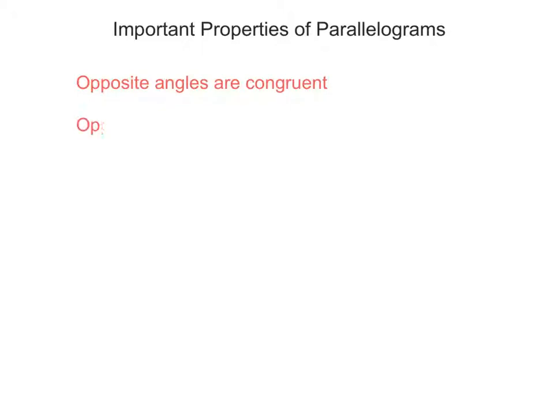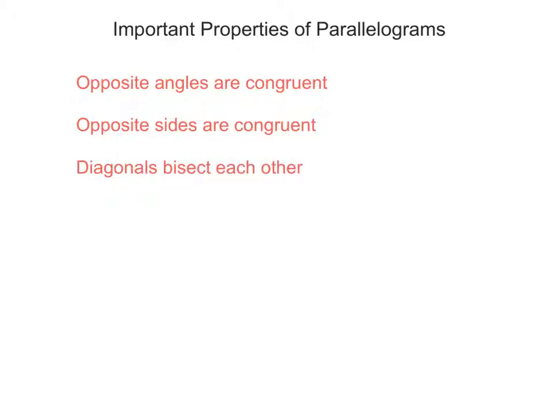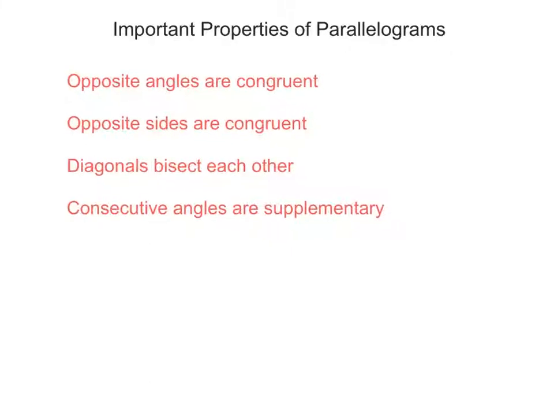We also have that opposite sides are congruent. That's what I was talking about before. The diagonals bisect each other. Okay, and consecutive angles are supplementary.